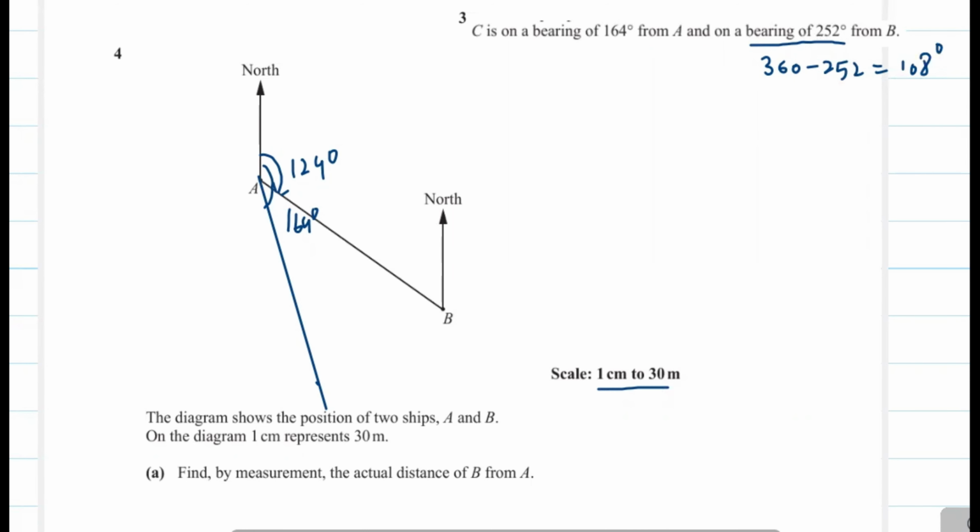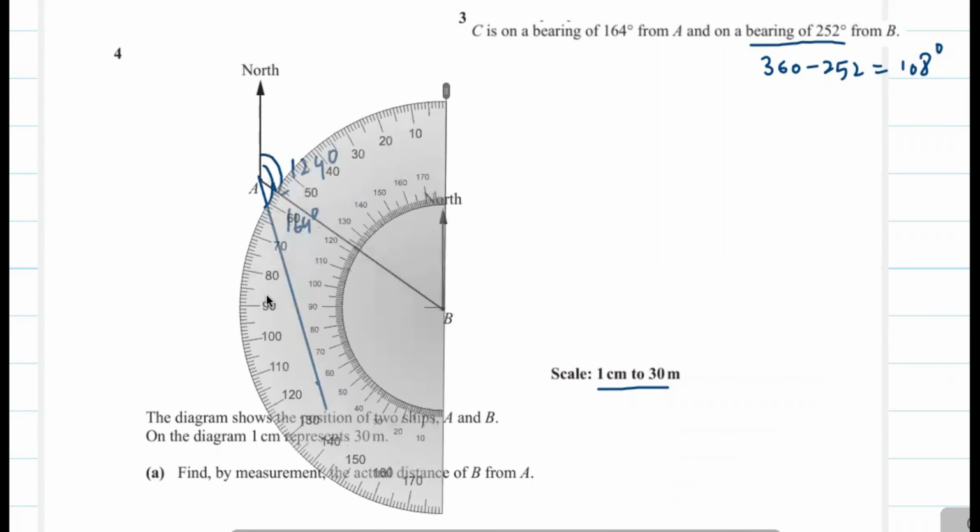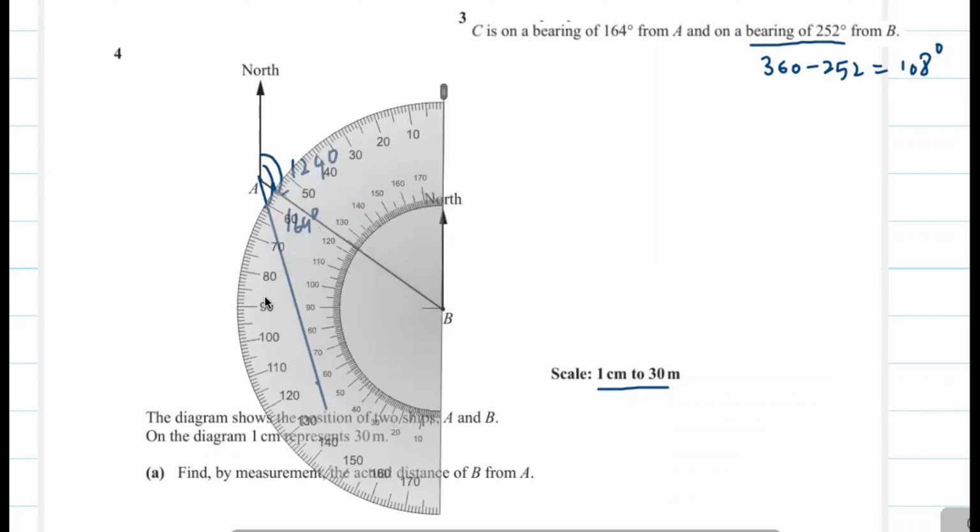Firstly we take the angle 108 degree from the north at B. Now we take the angle 108 degree. This is the position. And now you see here the angle is 108, that is 100, 105, 6, 7, 8. This is the position of 108, and you mark this point 108.